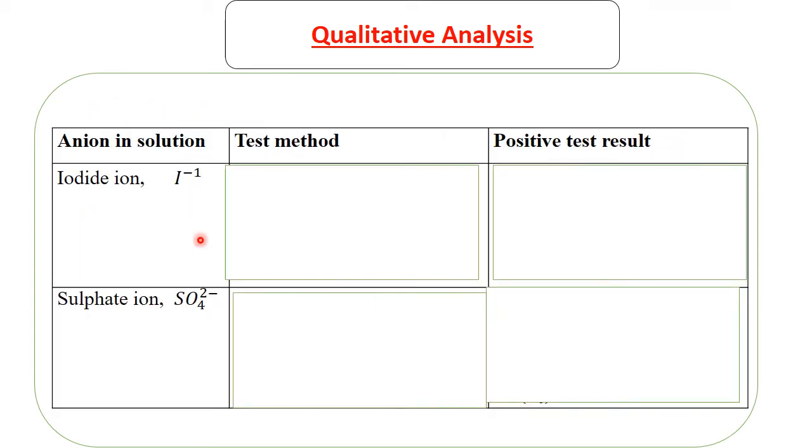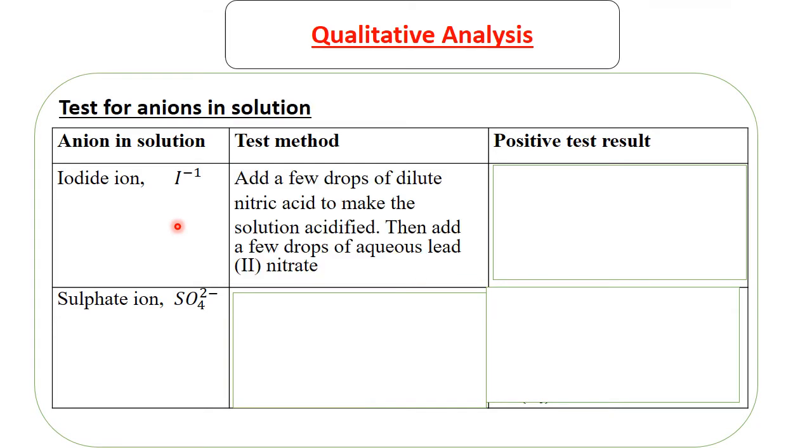The next one we're going to take a look at is iodide ion. So how do you test for iodide ion? What you do is you add a few drops of dilute nitric acid to make the solution acidified, just like in the one for chloride. Then you add a few drops of aqueous lead nitrate.